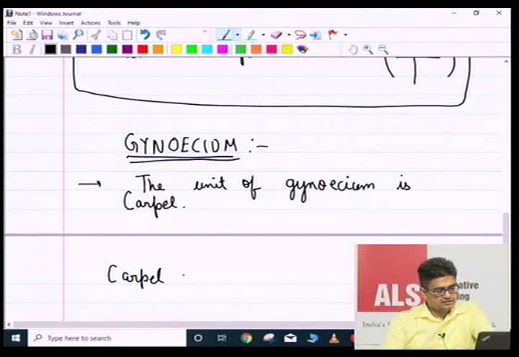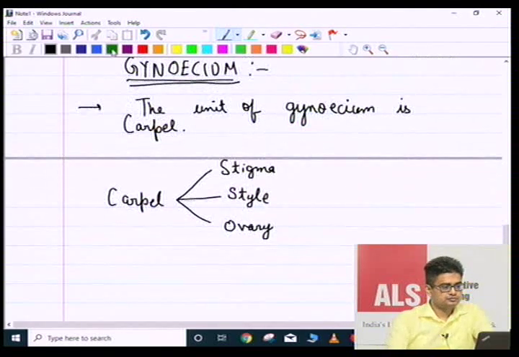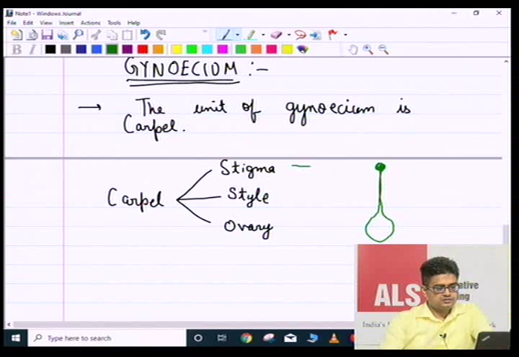Carpel has three parts: stigma, style, and ovary. So if I draw this, this is the stigma, this is the style, and this is the ovary. Okay, so this is the stigma, this part is the style, and this much part is the ovary.